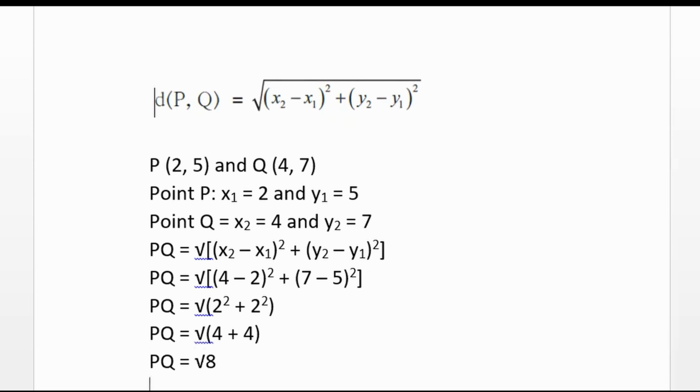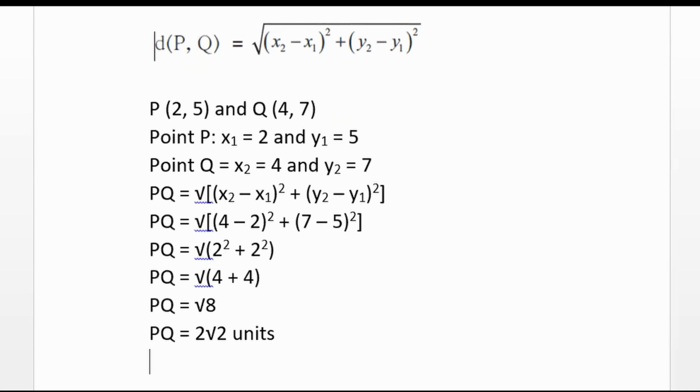And if you find the square root of 8 by prime factorization, you get PQ is equal to 2 root 2 units. So the distance between the points P and Q is 2 root 2 units. Here we have used the distance formula to find the distance between any two given points.